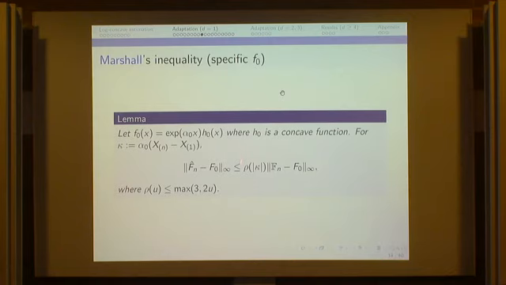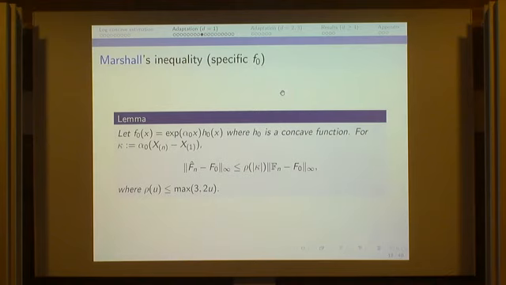Seems strange, but this f0 actually contains the uniform, say when alpha 0 is 0 and h0 is the indicator function, then f0 is uniform. In that case, kappa is 0 because alpha 0 is 0, meaning rho can be upper bounded by 3, because the maximum of 3 and 0 is 3. So we have Marshall's inequality at least for the uniform.